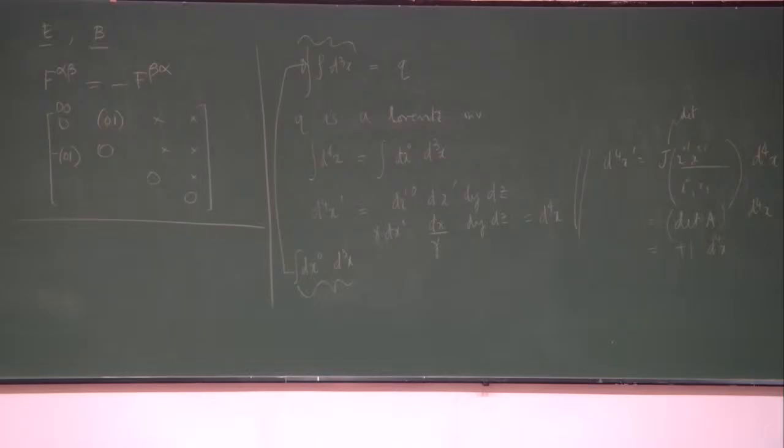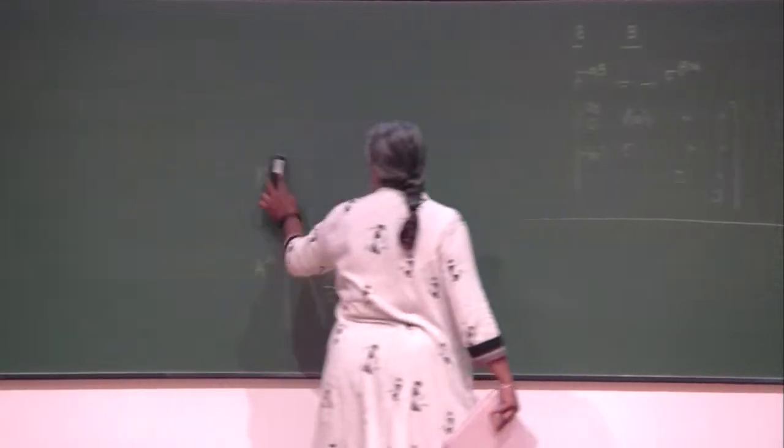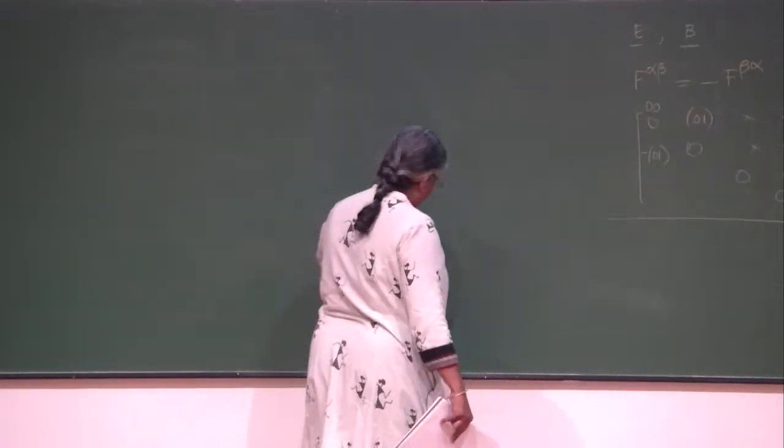Let me just do this review first, because we have talked about so many quantities. Let us just do a review and then we will continue. I just want to set the notation, otherwise you will not know what I am trying to do when I rewrite the Maxwell's equations in 4 vector form.